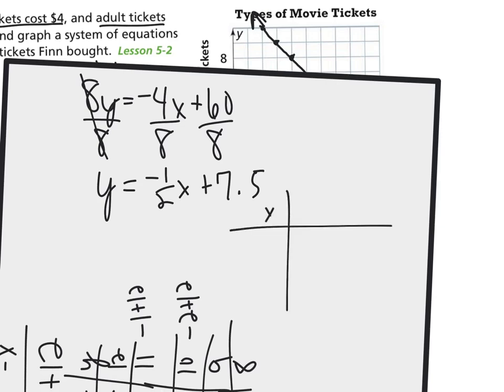This one has a fraction in it, so you might want to do a 0, 2, and 4.